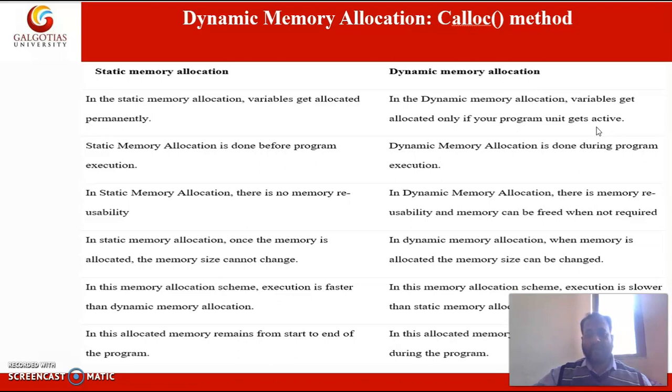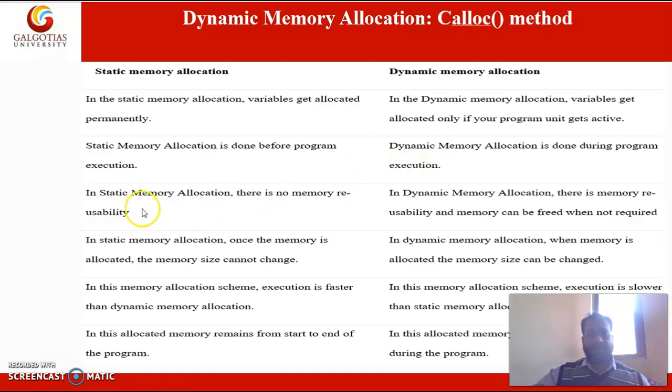But dynamic memory allocation uses pointers that get activated only when we initialize some value to it. Next, static memory allocation is done before program execution. As I said earlier, static memory allocation is done at compile time, whereas dynamic memory allocation is done during program execution.